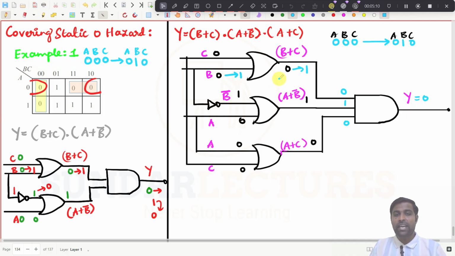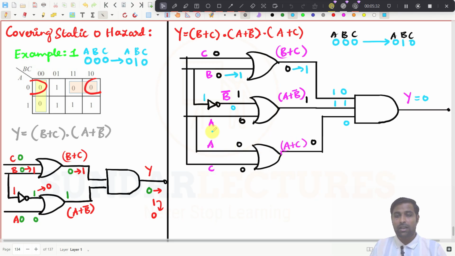But what happens here, even if this NOT gate is taking time to change this 1 to 0, the problem has been created in the previous circuit, this output is 1 for a moment. So this is 1, this is 1, for the second case I am saying.